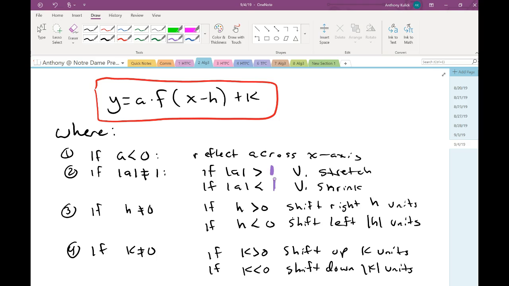The third says if the h is not 0, then one of two things can happen. If the h is positive, it's going to go right h units, and if it's negative, it'll go left h units. And the last thing that can happen is if that k is non-zero, one of two things would happen. If k is positive, you'll go up k units, and if k is negative, you'll go down k units.